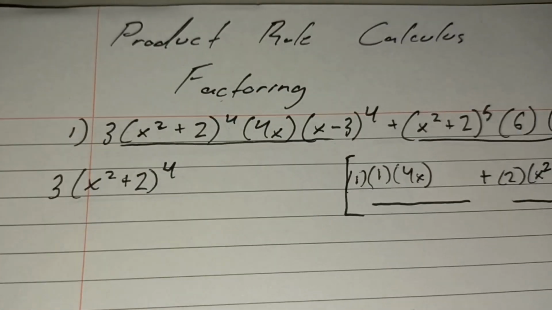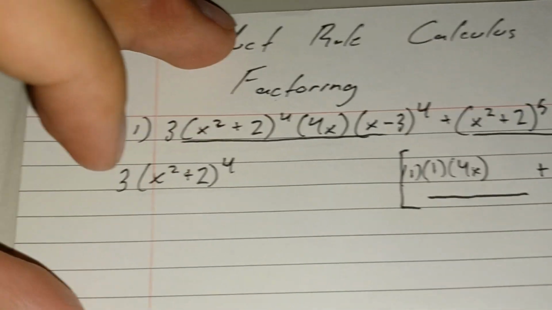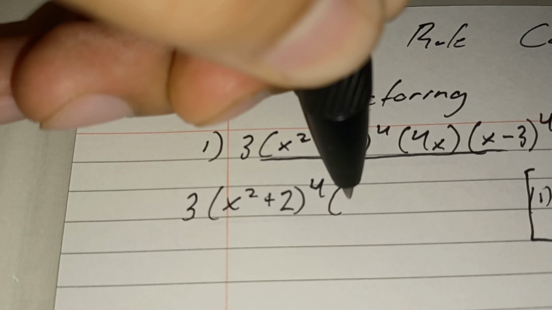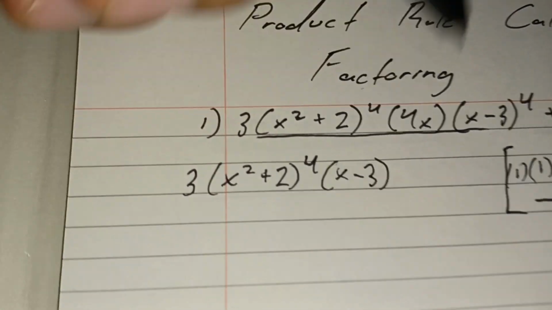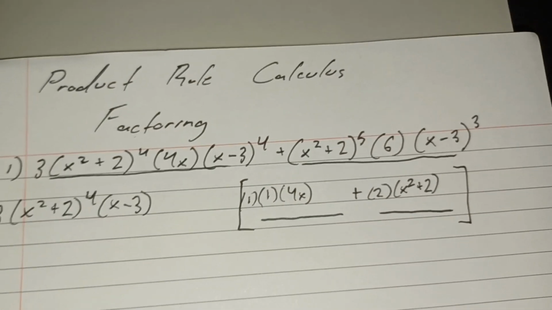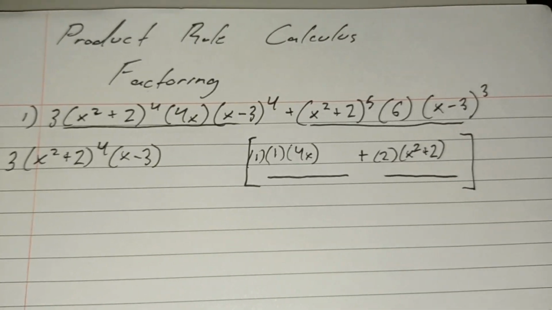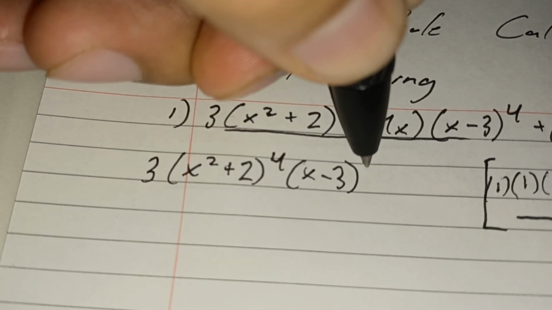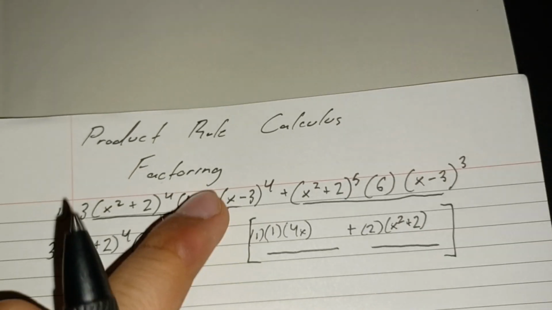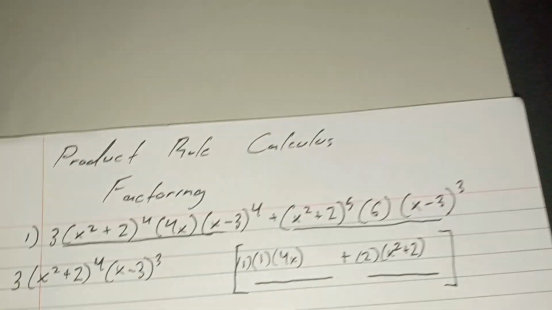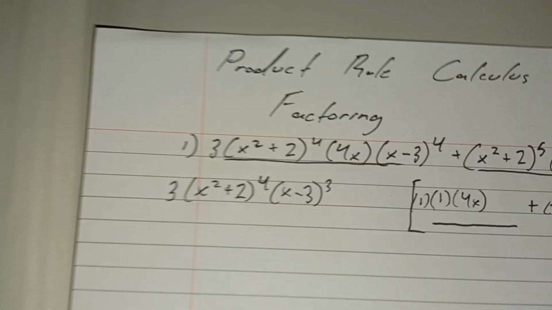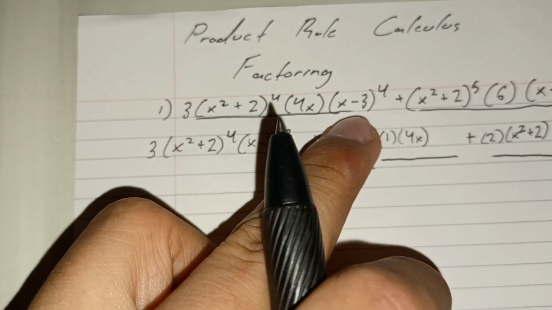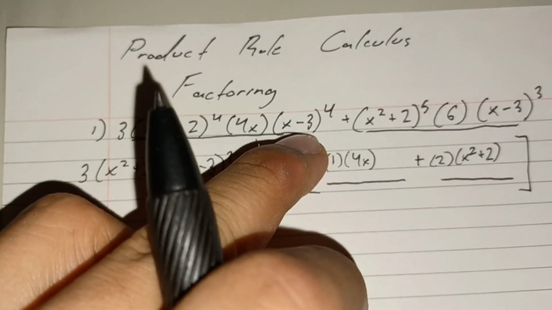4x. So what else do we have? We have an x minus 3. We can factor out x minus 3 because they both have it in common. We can only factor out the 3rd power, because like I stated in the previous one, we can't factor the 4th power out of the 3rd power. So in the first term we have (x minus 3) to the 4th power.